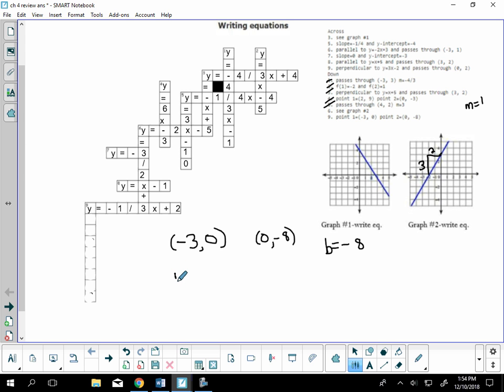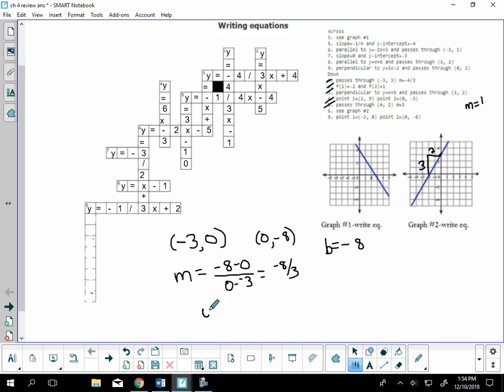Find your slope. -8 minus 0 over 0 minus -3. And that's going to give me -8 thirds.